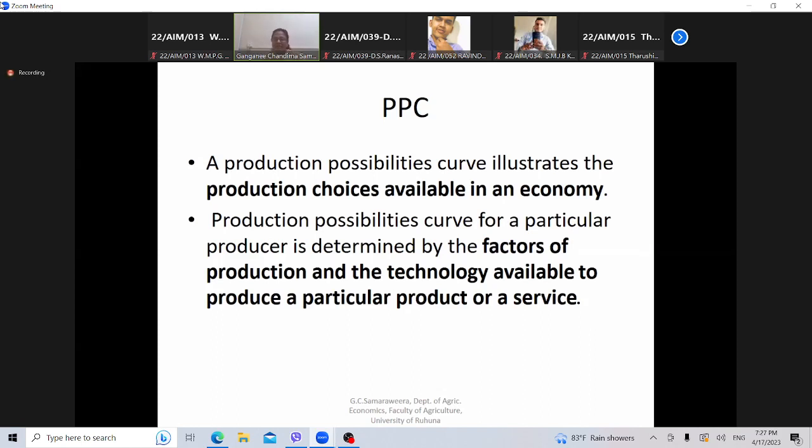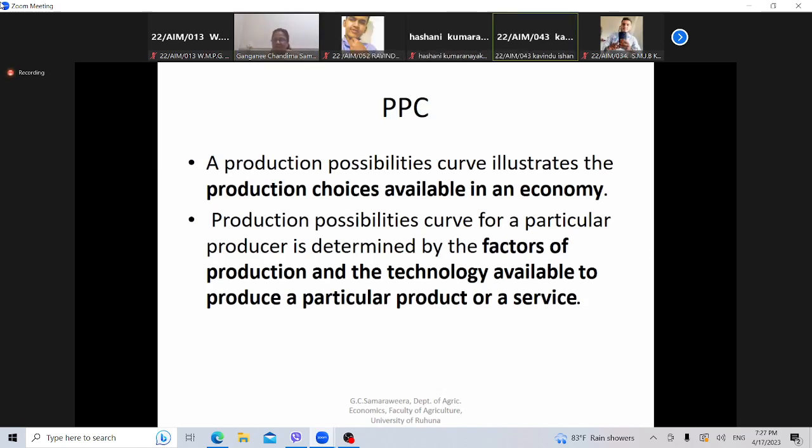The production possibility curve for a particular producer is basically decided by the factors of production. What are the main factors of production? Very first day we discussed the main factors of production. Anybody? Capital. Yes, one thing is capital. Very good, Hashini. Another thing? Land, labor.